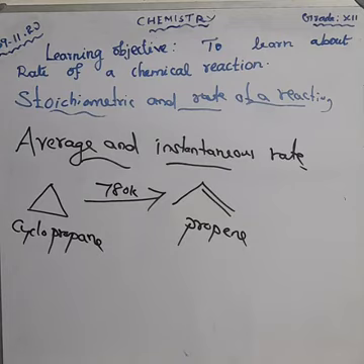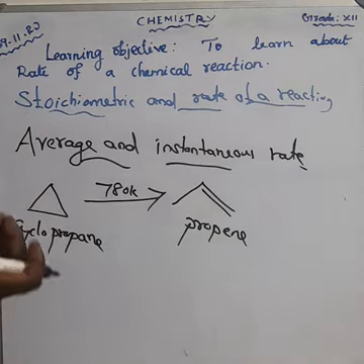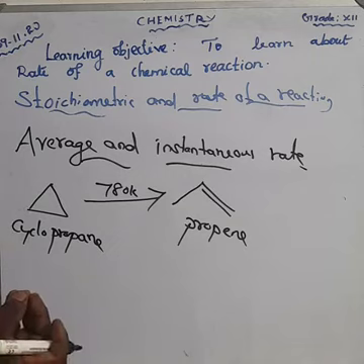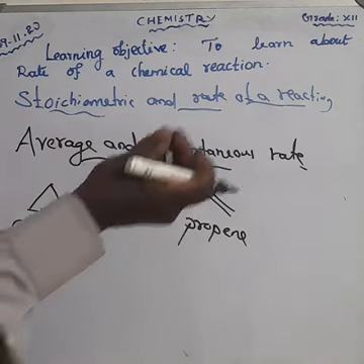Here, the kinetics of this reaction can be explained by measuring the concentration of cyclopropane at regular intervals of time. What are the regular intervals? For example, at time 0 the cyclopropane has some value.